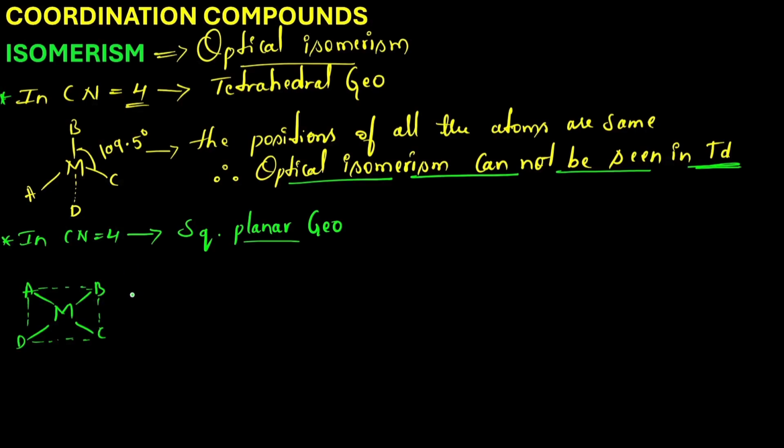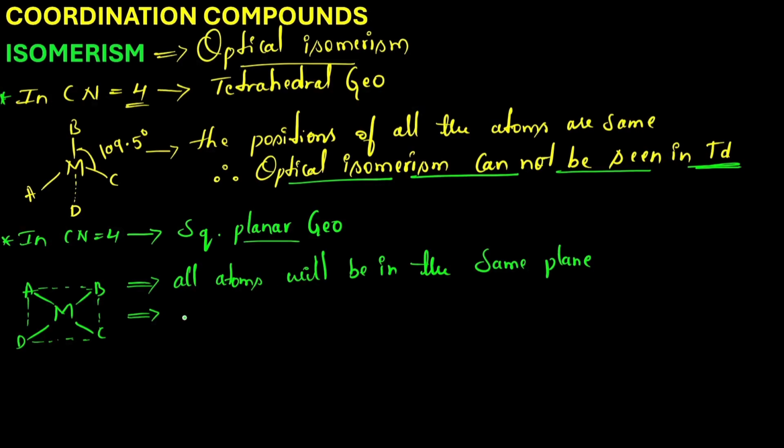So in this case, all the atoms will be in the same plane. Therefore, the plane of symmetry is existent. Due to the plane of symmetry, in square planar geometry, optical isomerism cannot be seen. Therefore, in this case also, optical isomerism cannot be seen.